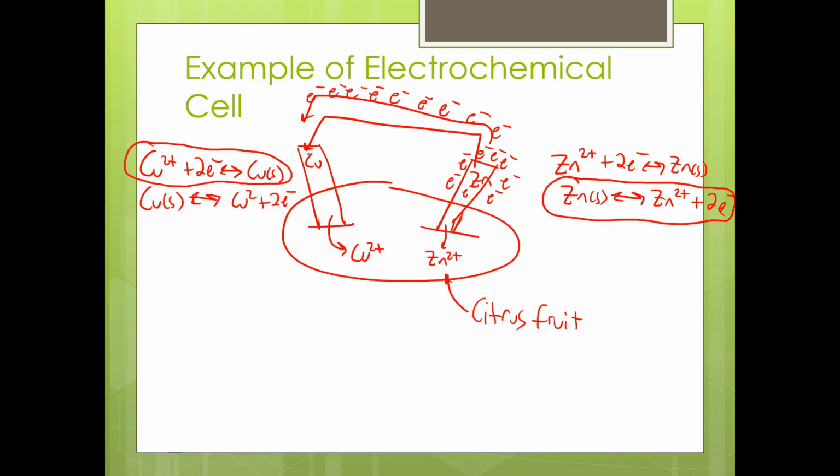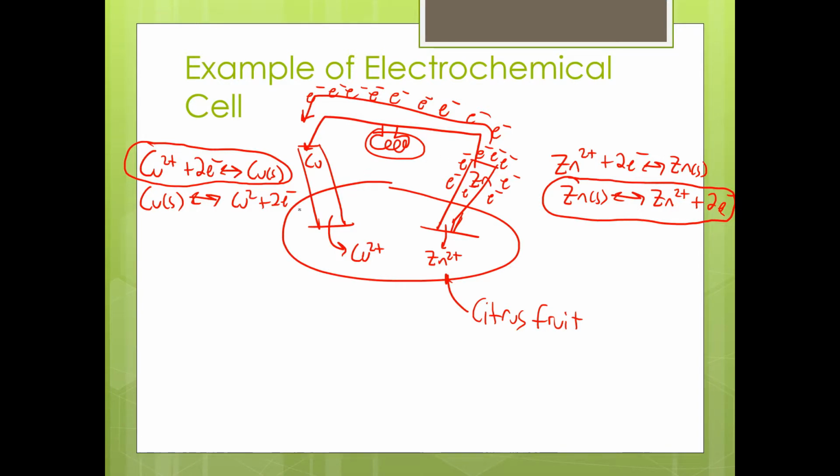And this is effectively a very simple battery. That's one of the things we've learned with redox reactions, that we can create these simple batteries and create electricity this way. If you put something like a light bulb, it might be enough to light it up, or a motor or a clock or something like that.